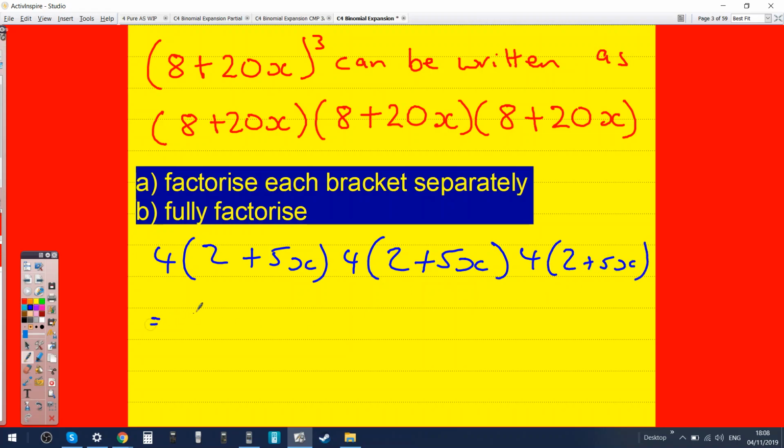Could you do bracket 4, bracket 2 plus 5x, close the brackets, cubed? Yes, and you could also do 4 cubed, 2 plus 5x cubed. And what that shows you is that if you've got a coefficient, you would cube that as well.